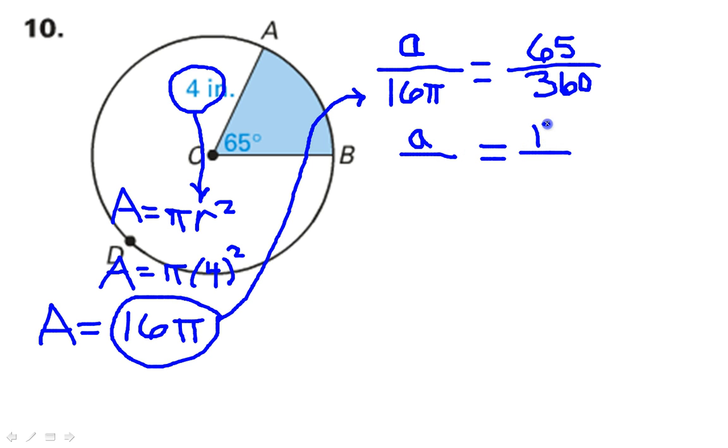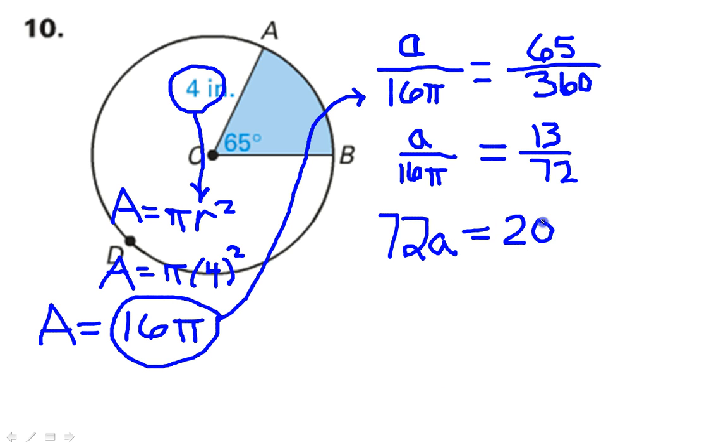13 over 72. Your calculator just reduces that for you. So a over 16 pi equals 13 over 72. Now it's time to cross multiply. 72a equals, what's 13 times 16? 208.